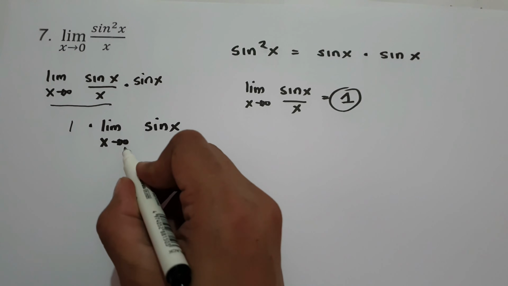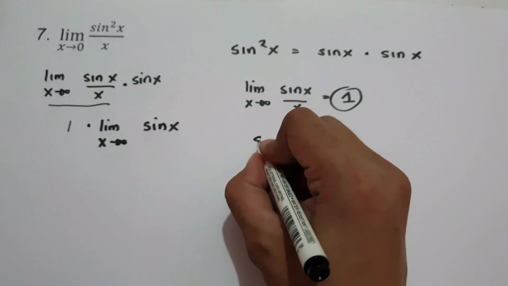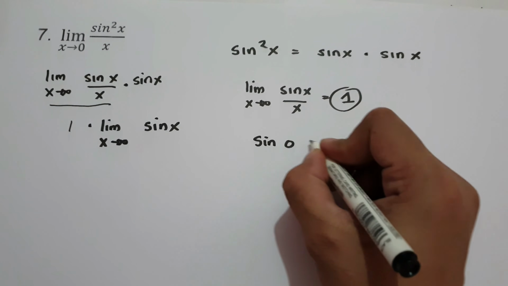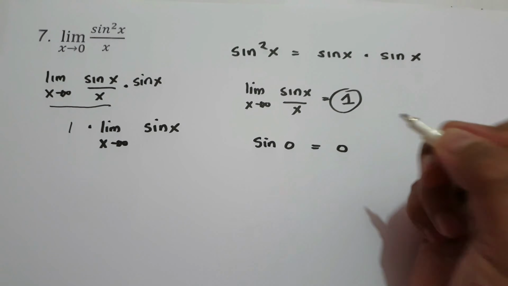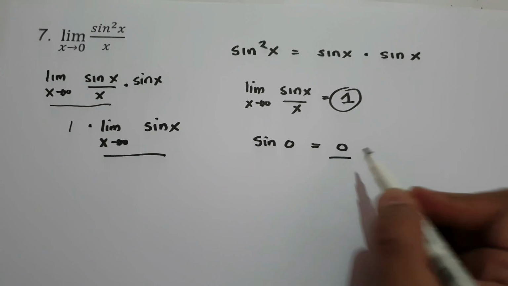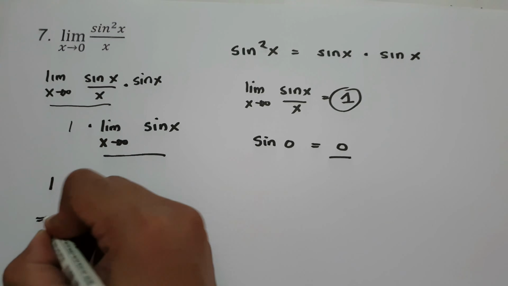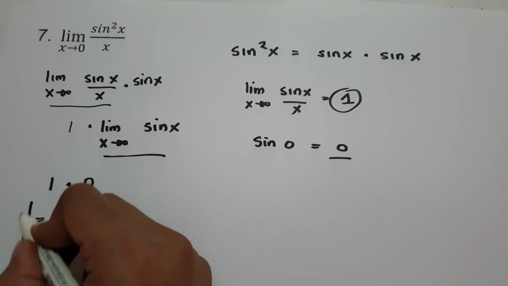If we substitute the value of x into the given expression, sine 0 is 0. So this expression is equal to 0, and 1 multiplied by 0 is 0, and this will be our answer.